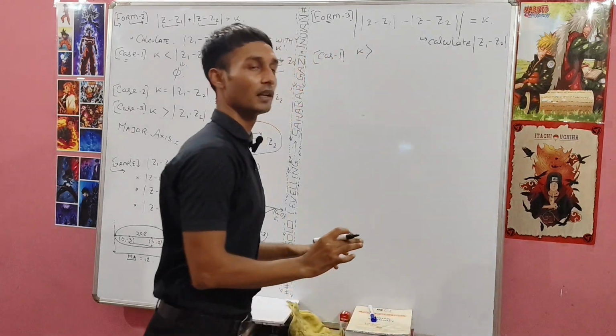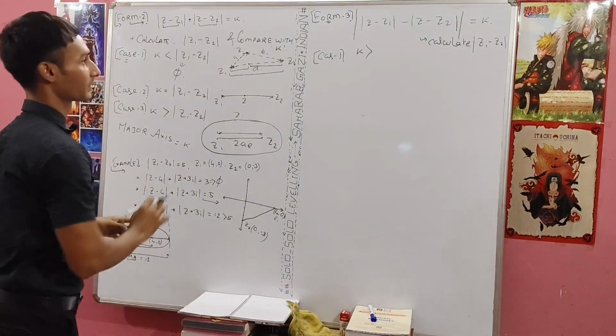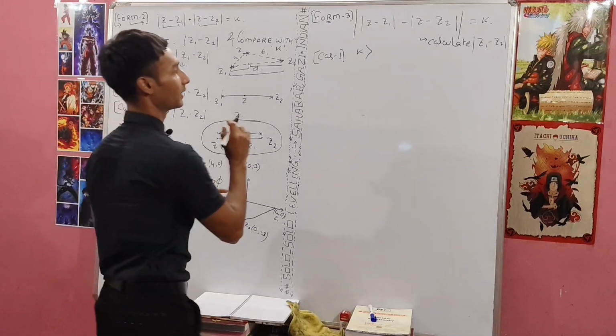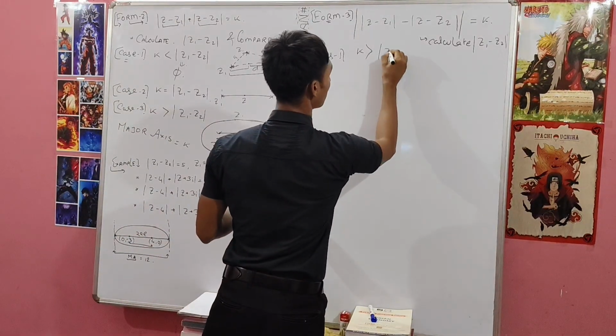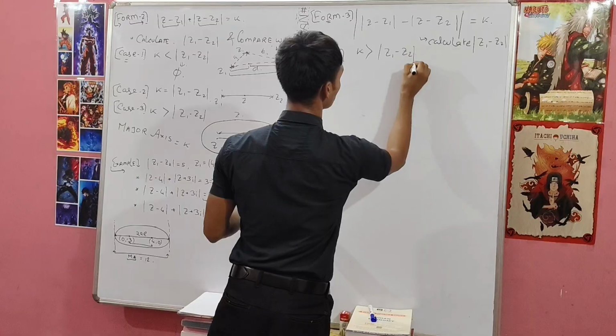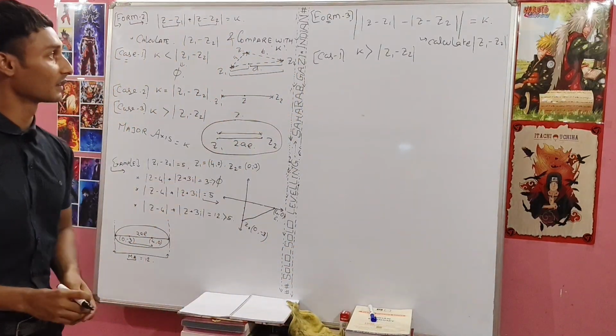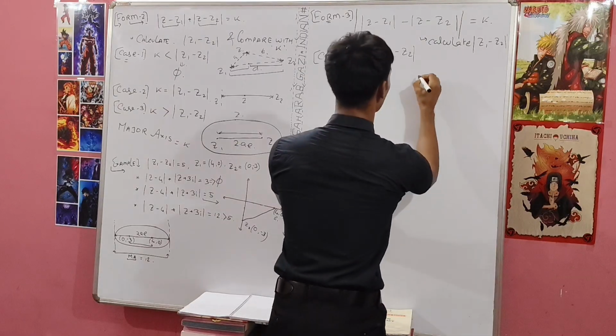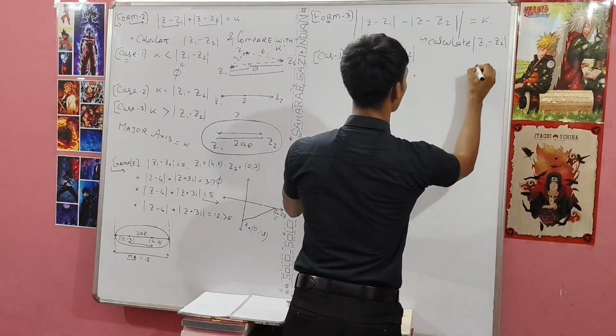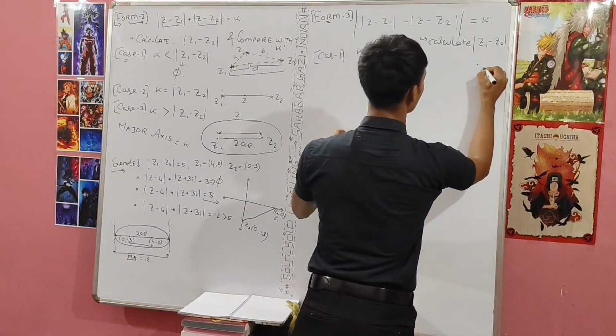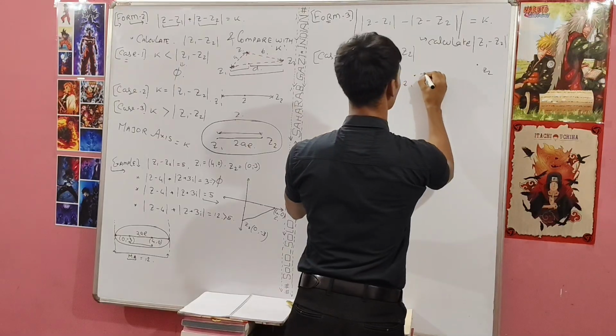Here also, first calculate mod of z1 minus z2, and then compare with k. So first, if k is greater than z1 minus z2, let's see. Let's assume z1 is somewhere here and z2 is here. This is z1, this is z2.